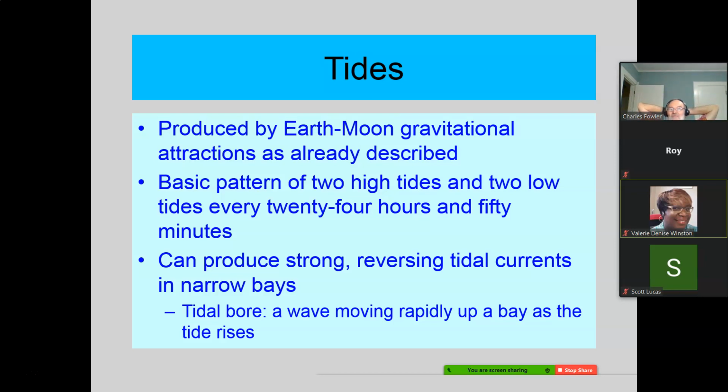But the tides are produced by the Earth-Moon gravitational attractions described back in chapter 16, I think it was. The basic pattern, you have 2 high tides and 2 low tides about every 24 hours and 50 minutes. Just a little bit more than a day length.